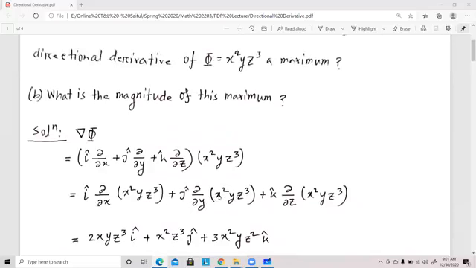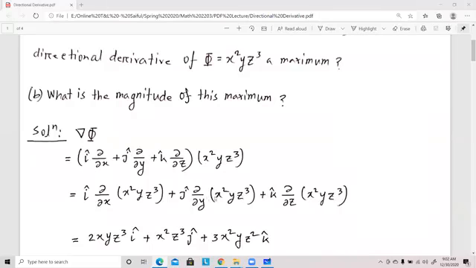if we do partial differentiation with respect to y, then what will we get? 1, sir. 1 into x square z cube. And we know the property of partial differentiation: the variable by which we differentiate is counted as the variable, and the other variables are counted as constants.